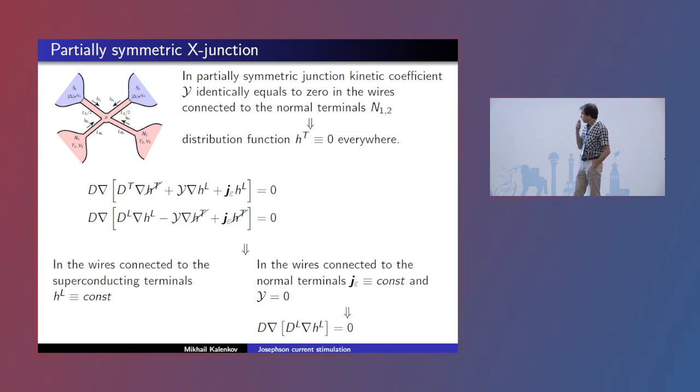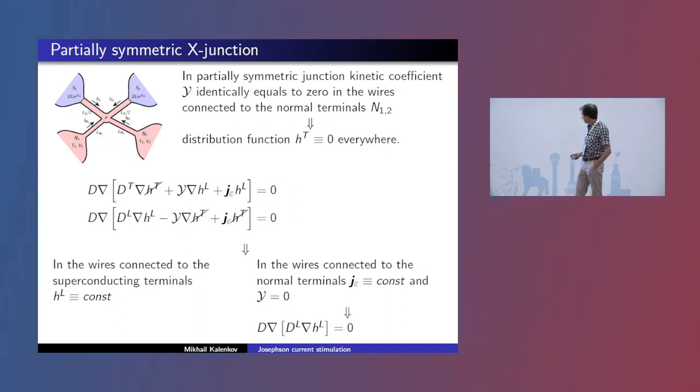As a result, these equations reduce to a fairly simple form. In the wires connected to the superconductor, we get just the equation that the distribution function is spatially constant there. And in the wires connected to the normal terminals, we get this diffusion equation.